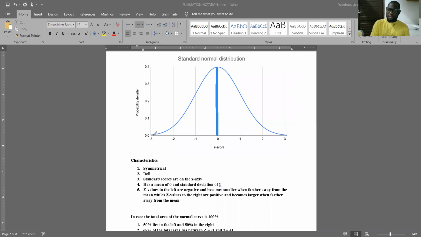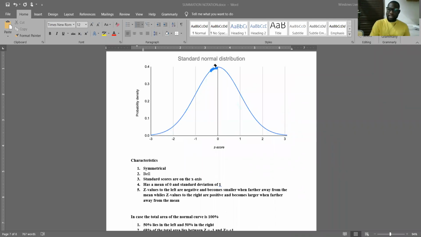If we assume the normal curve distribution has a total area of 100%, then half of this area is 50%, and the other half here is also 50%. That's what I mean by it being symmetrical.